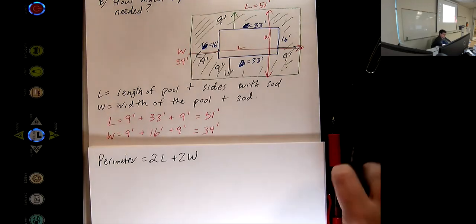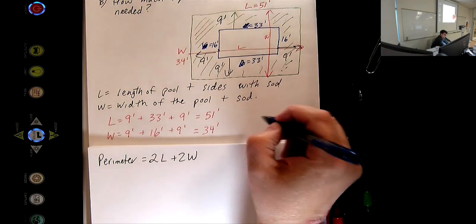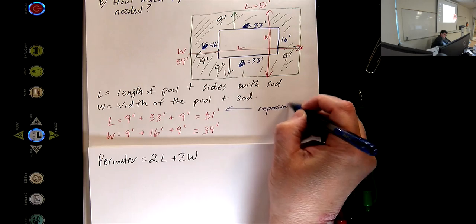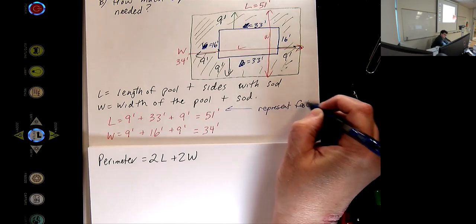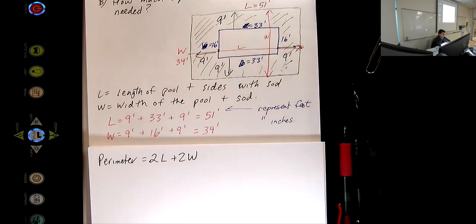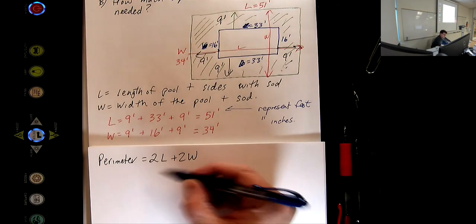In case you guys don't know, these little symbols right there represent feet, and the double quote is inches. Maybe I'll write feet when I'm doing the rest of the work.